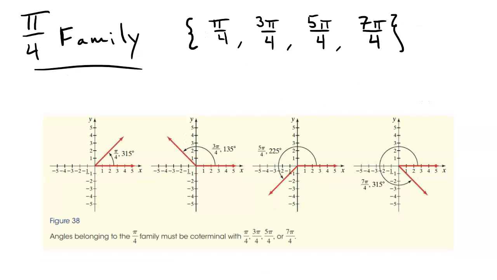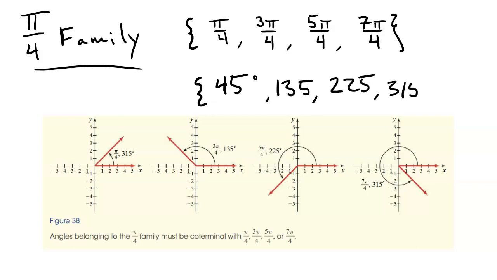And here we have our second to last family, pi over 4. And I actually just noticed a typo in this. If you look at the degree measure of all of these angles, the first part of the figure says 315, but it's actually 45 is the first angle in degree measure, and then the next one is 135, 225, and 315.